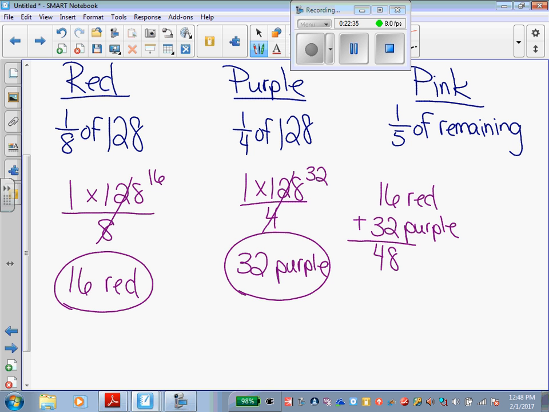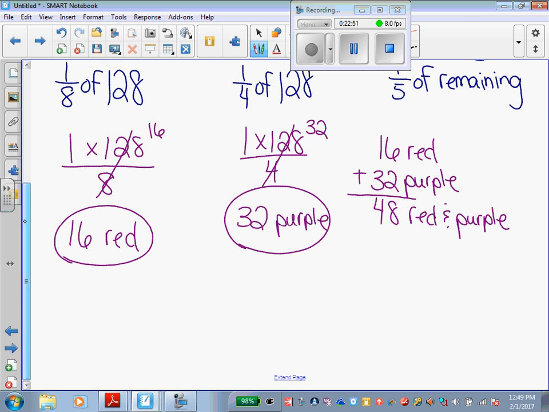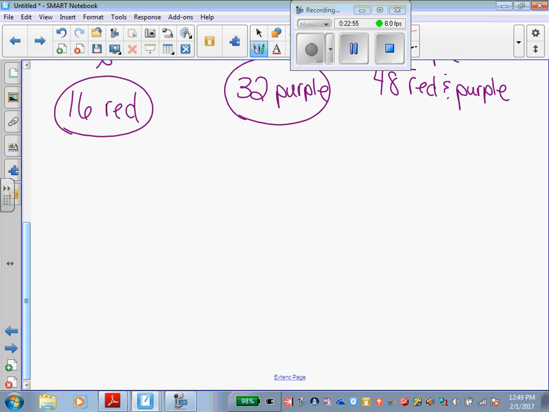No, this is 48 red and purple. But I need to find the remaining, and Brian already told me how to find the remaining. He said you add it up, and then what do you do, Brian? Then subtract. Subtract from what?